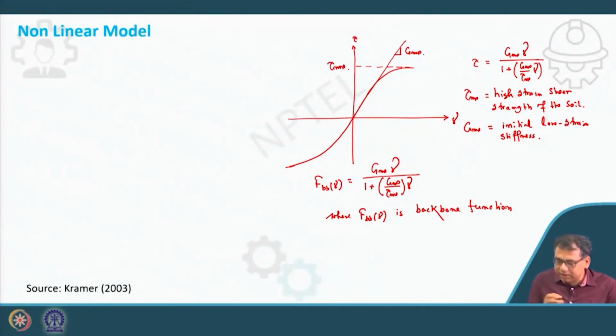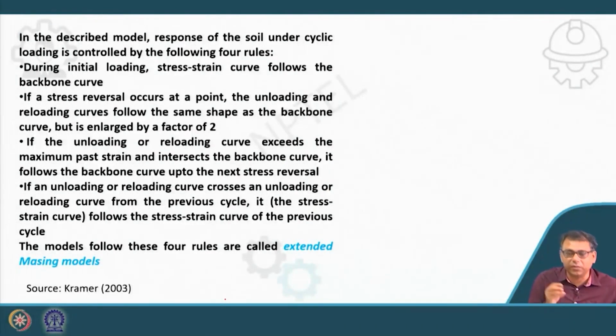So the non-linear model is characterized by the backbone curve, and it has to follow a series of rules. Let me explain that. You have to follow these 4 rules. The first rule: during initial loading, the stress strain curve follows the backbone curve. If a stress reversal occurs at a point, the unloading and reloading curve follows the same shape as the backbone curve, but enlarged by a factor of 2.